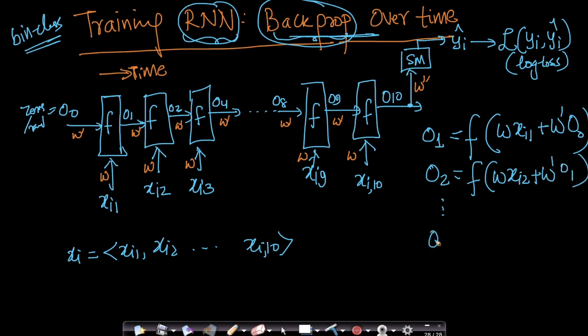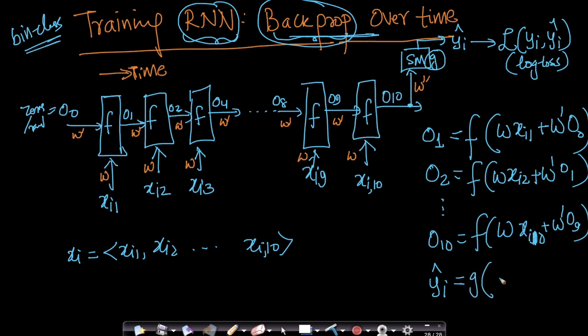Similarly my O10 is f of w into xi10 plus w dash O9, and my yi hat is some g. Let's call this softmax function g, just for simplicity, because this function might change. So it is g of w with two dashes multiplied by O10. I have my O10 here and I'm multiplying with w double dash.